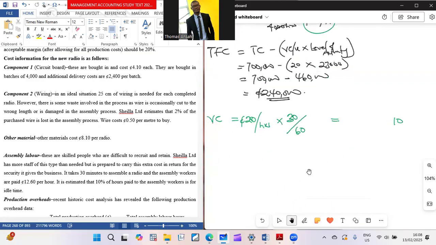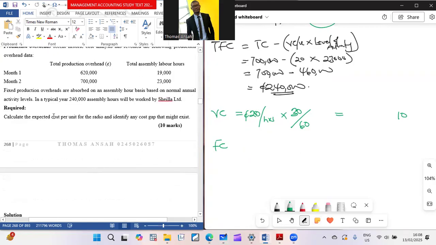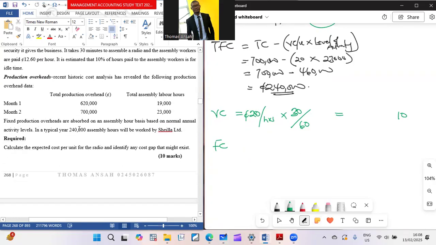Variable overheads. Then fixed overheads, we know we had 240, but we are told that in a typical year, it takes 240,000 hours. And so what we are doing is monthly. Don't forget that it's a month thing.